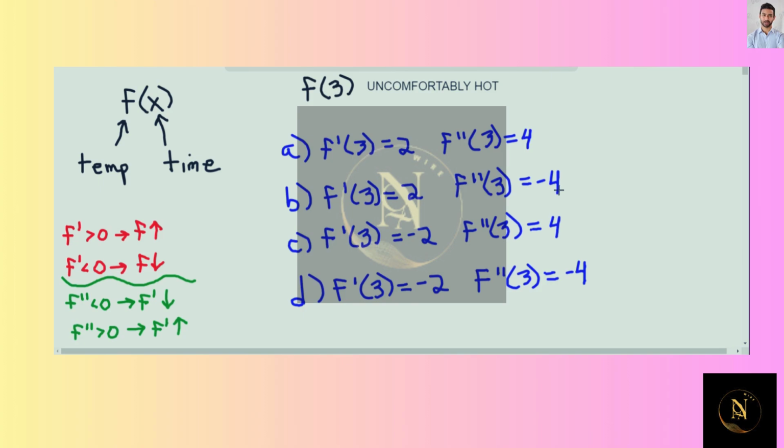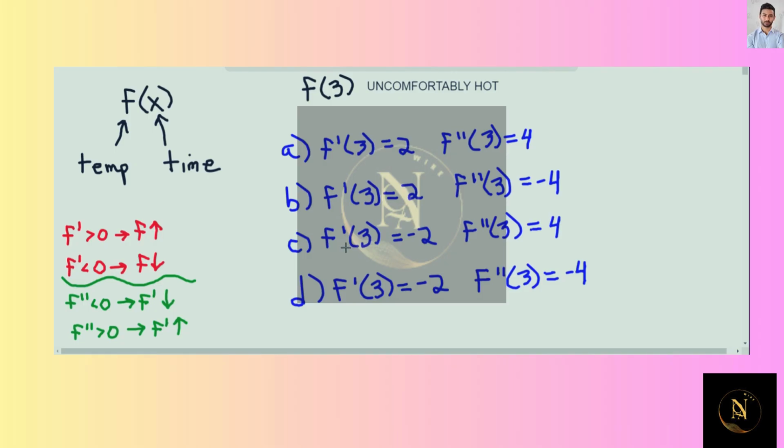That's what the second derivative being negative is. So in the short term, you're still going to be getting hotter and more uncomfortable, but it won't last long. The second derivative being negative means the rate at which your function is getting hotter is going to start slowing down.